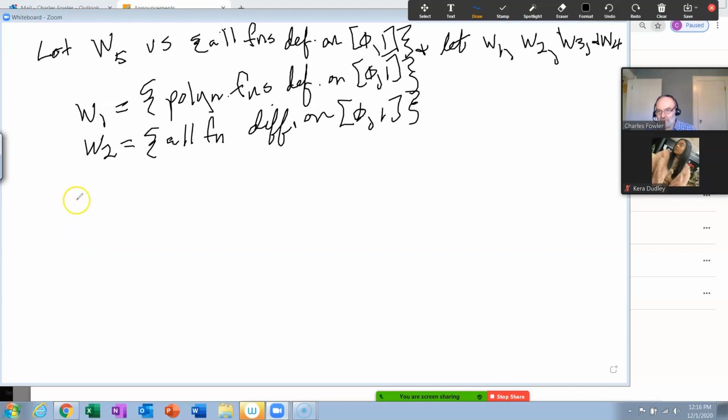Okay, so what's W3? W3 is a set of all functions that are continuous on 0 to 1.